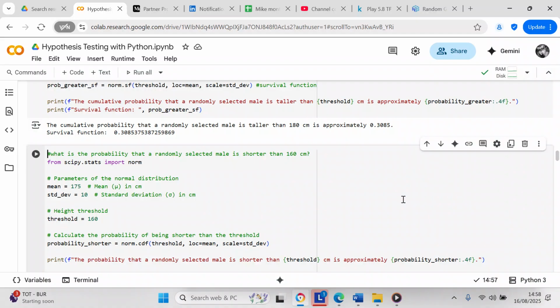Probability shorter equals norm.cdf, threshold, comma, loc equals mean of 175, comma, scale equals standard deviation of 10. And then we print the probability that a randomly selected male is shorter than the threshold, in cm, is approximately the probability shorter.